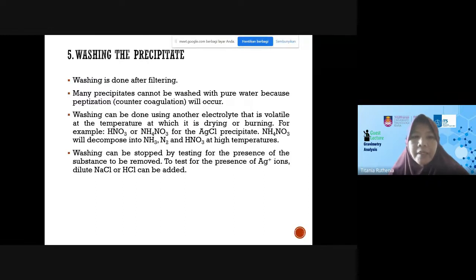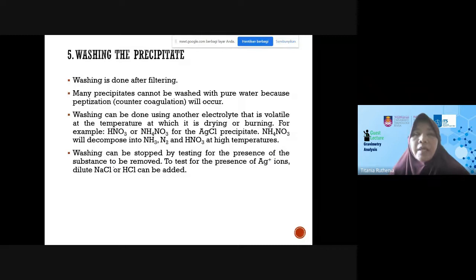For example, nitric acid or ammonium nitrate can be used for the AgCl precipitation. The ammonium nitrate will decompose into ammonia and nitric acid at high temperatures. And we can stop the washing process by testing for the presence of, for example with AgCl, Ag+ ions.